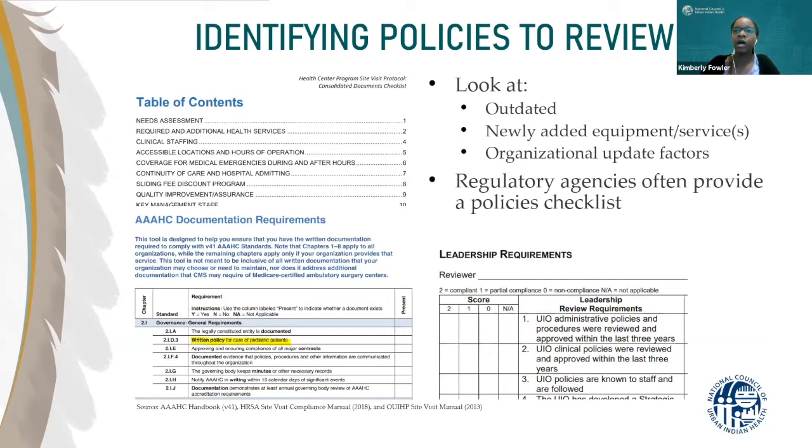And so I think it's important to just make sure that you look at each of these, as well as any other regulatory body that you're working with, look at their checklist, look at their site review requirements in order to ensure that you're identifying what policies might be needed for them specifically to review, because I think that those would rise to the top in order to maintain your accreditation.